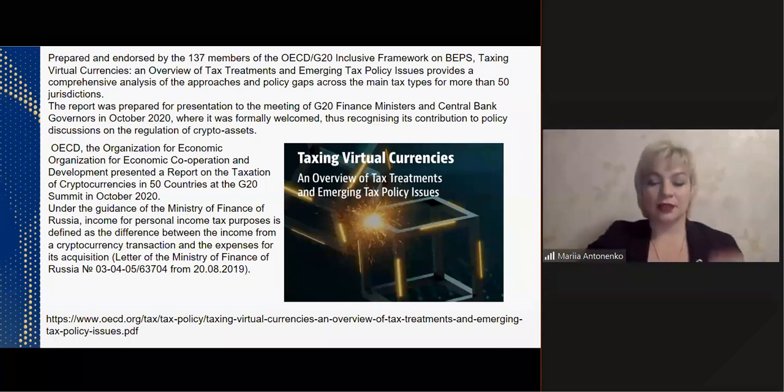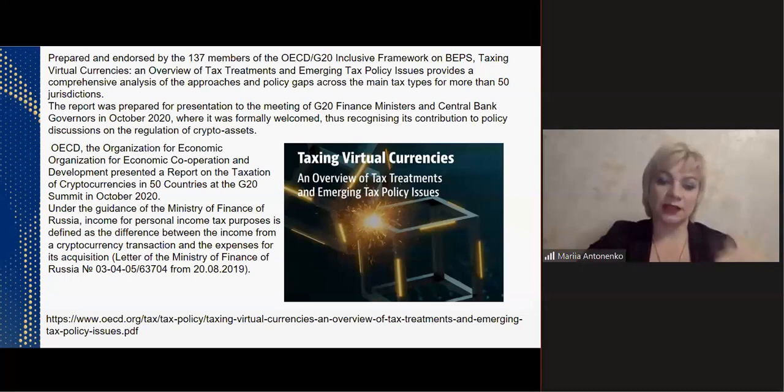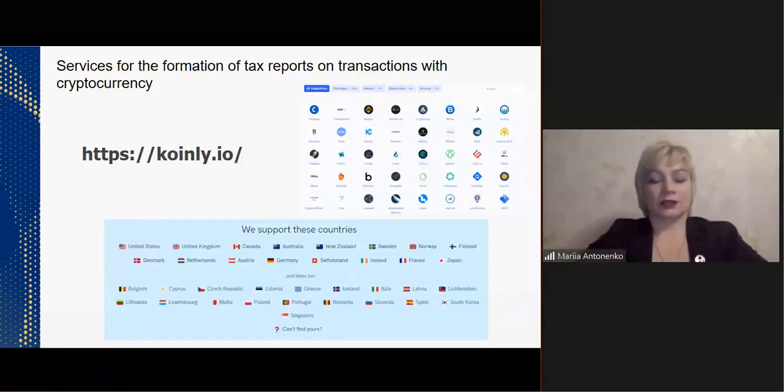So that document today is the basic document for all the banks and all taxation inspectorates in those 50 main states. Well, of course, other countries are using that document as their guidelines. Let's take a look at the next slide.